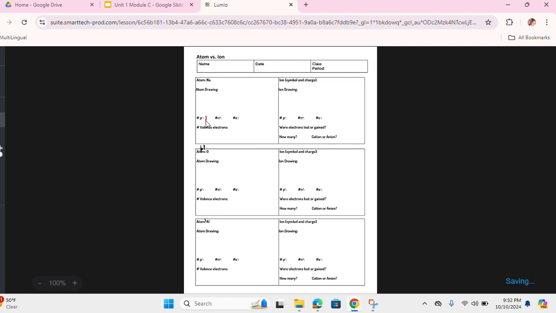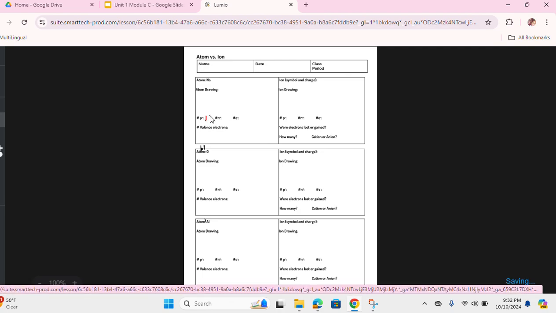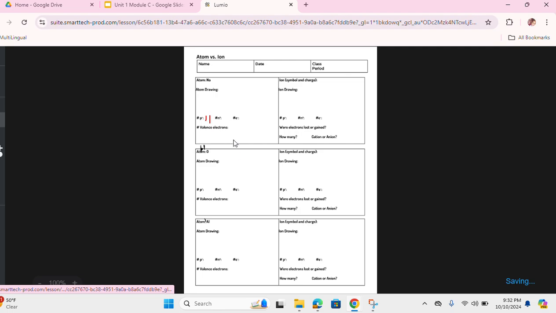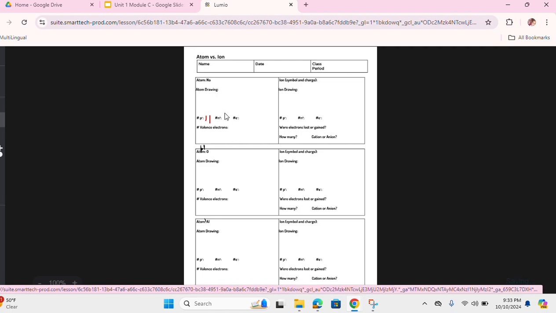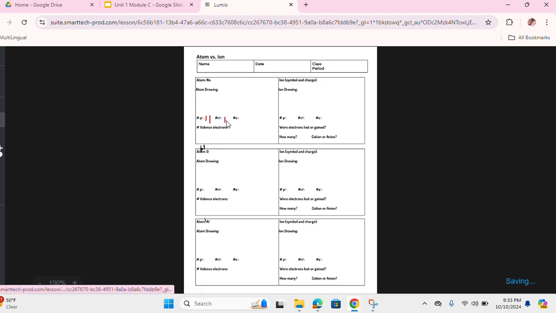You're going to have to excuse me, it's not easy writing with this mouse. The atomic mass of sodium is 23. So we take 23 minus 11, and that gives us 12 for our neutron number. And then we know our electrons are always equal to our protons.